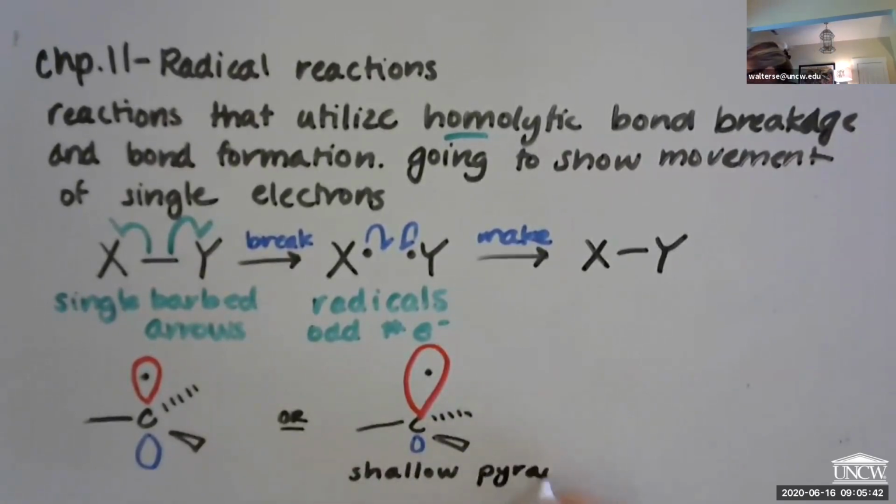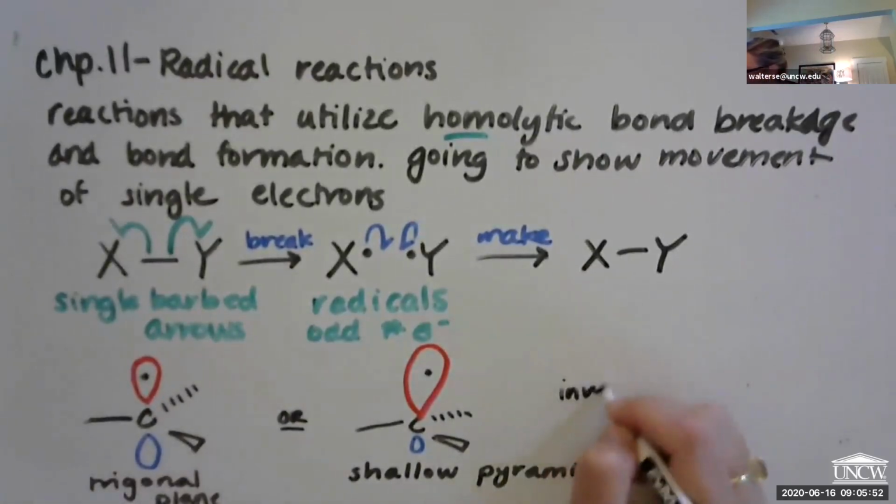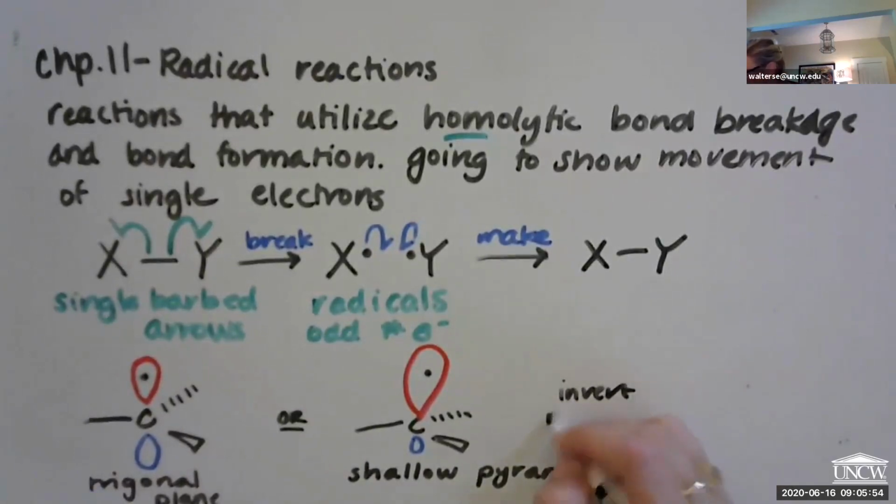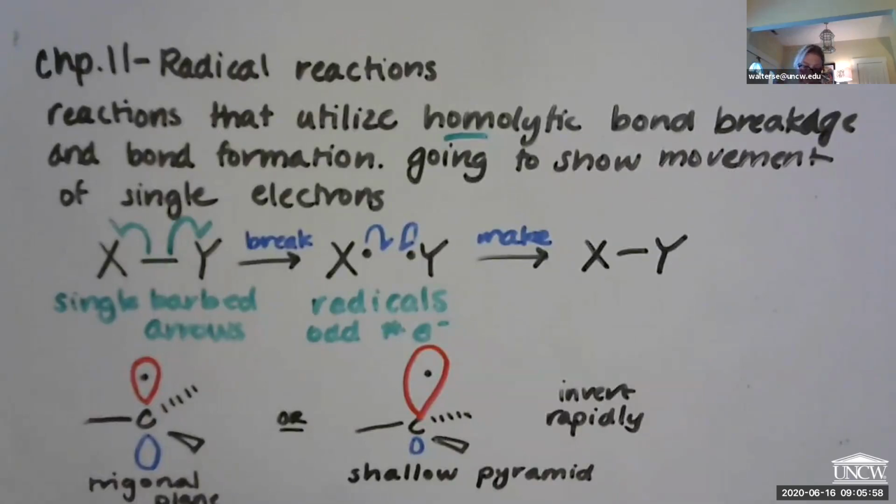They're very hard to study because they're highly reactive. This would be trigonal planar. And if it is more like a shallow pyramid, this will invert rapidly. But for the most part, they're fairly much planar.